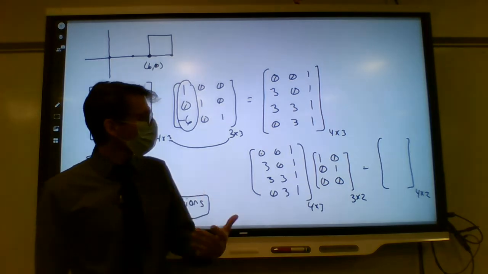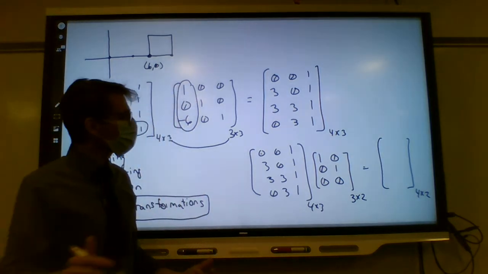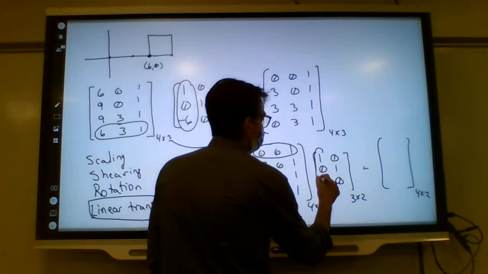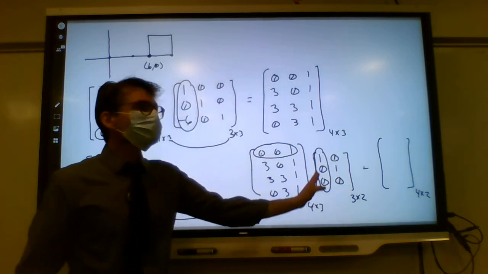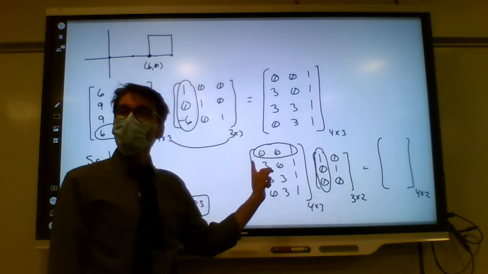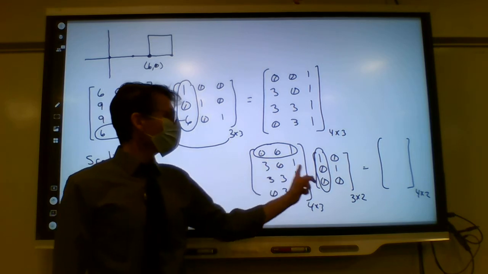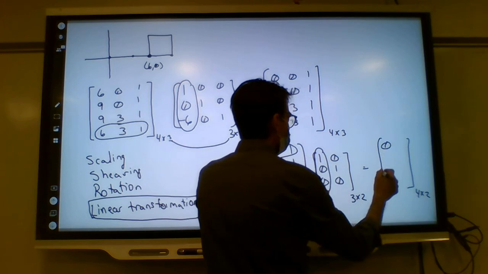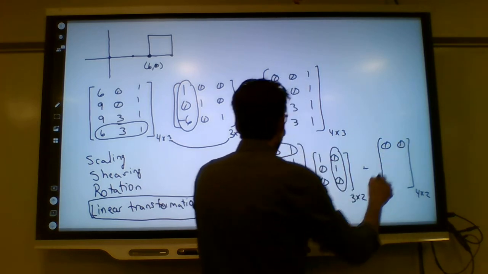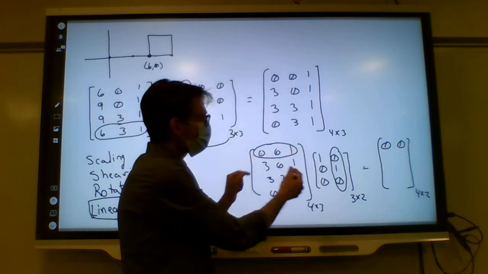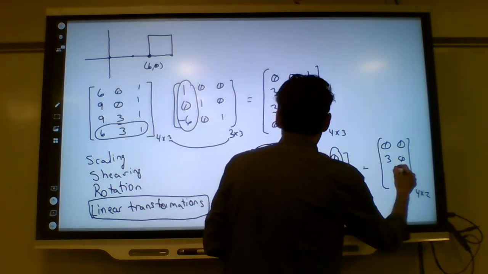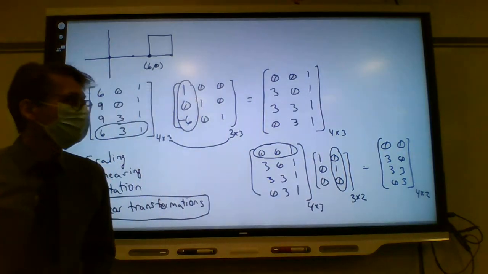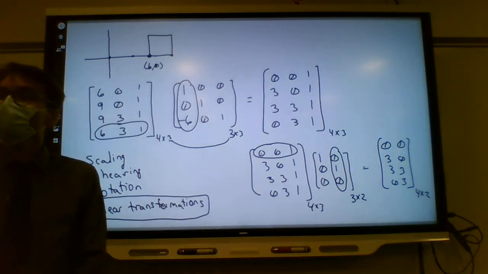And what does the 3 by 3 identity matrix without the last column do? The first part is only going to pick out the x value, and the second column will pick out just the y value. So what do we get? We get 0, 0. And as we go down the list, we get those points.